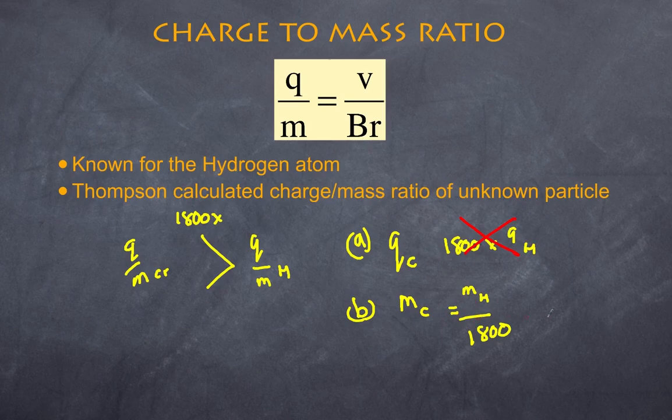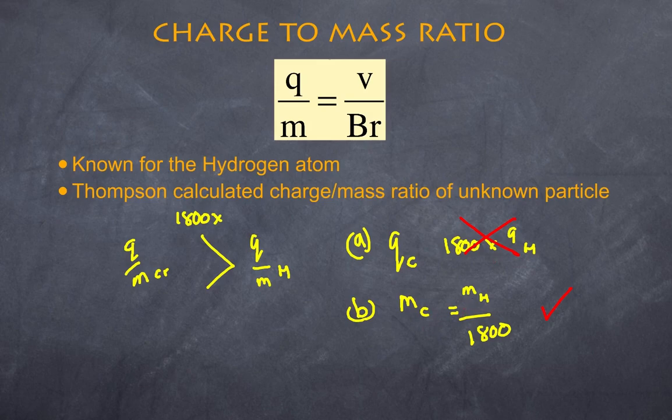Now that in itself is pretty significant. So here we have the hydrogen atom, which at that time was known to be the smallest form of matter, and here we have a cathode ray, which we know to be a particle and is 1800 times smaller than the hydrogen atom.